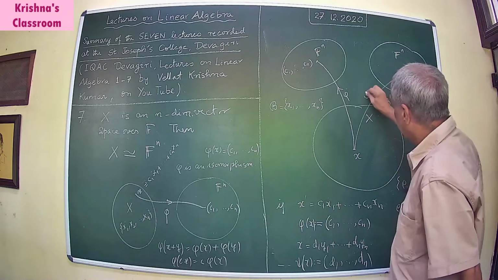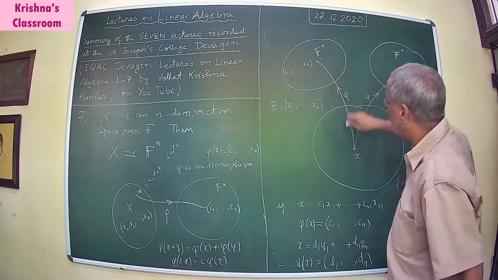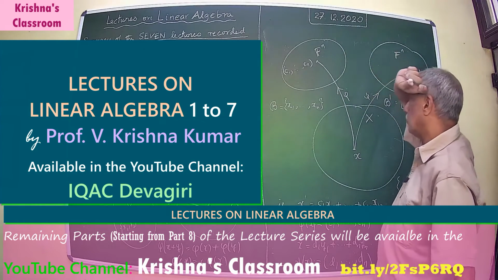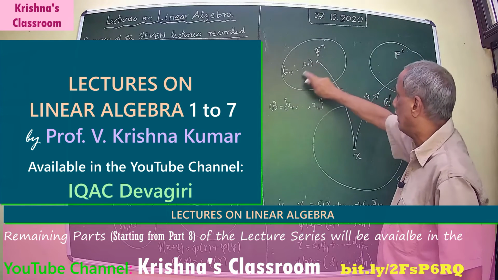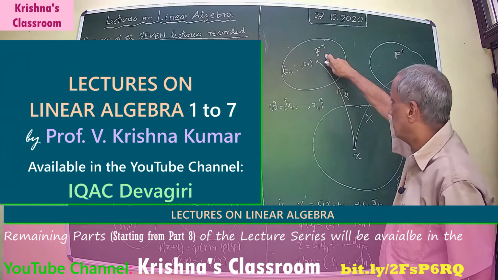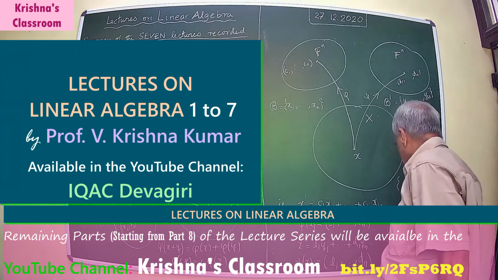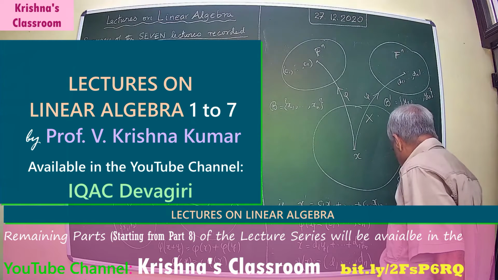So you have got the isomorphisms phi and psi. Now suppose phi is given, then phi inverse is also an isomorphism of Fn to X. What you do is you take e1, e2, etc., en, the standard basis for Fn. Now look at this connection: phi inverse of e1, ..., phi inverse of en.